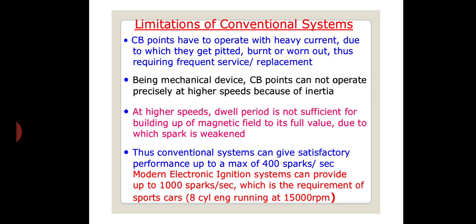So to overcome these difficulties, that is frequent maintenance of the breaker contact, loss of power and efficiency, and starting difficulty if the battery is discharged, in modern automobiles we are using the transistorized coil ignition system, that is the TCI system, and the capacitor discharge ignition system, that is the CDI system.